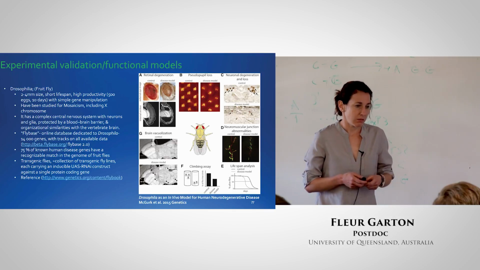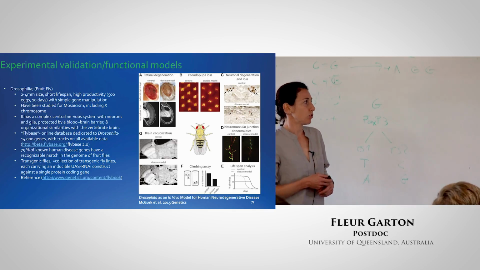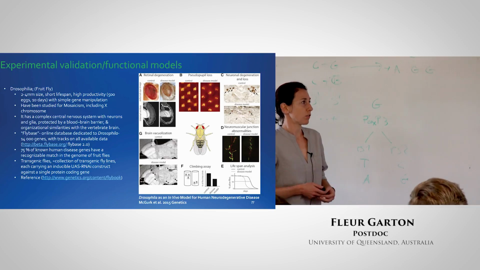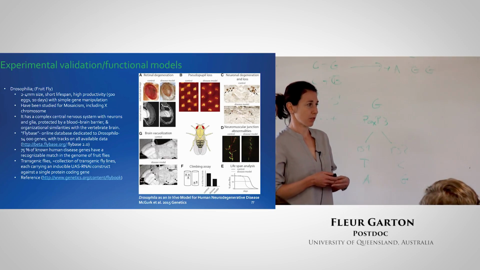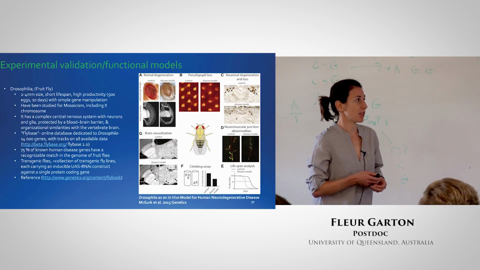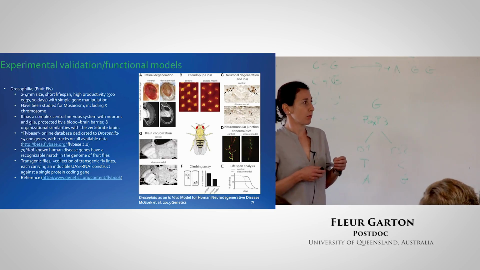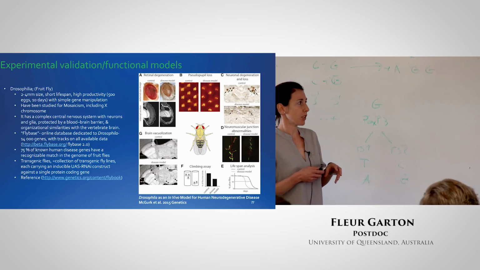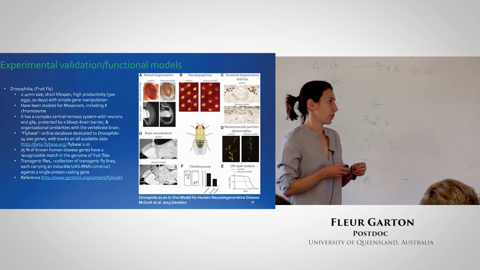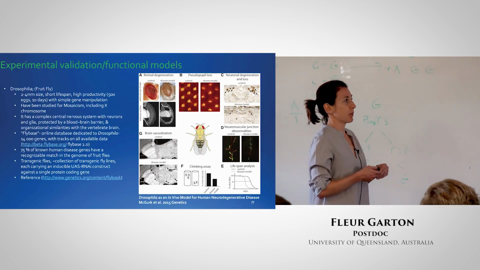So another model that exists and has been widely used is the fruit fly, or the Drosophila. It's slightly larger, 2 to 4 millimetres in size. It also has a short lifespan, and there's a high productivity, so it can produce 500 eggs. And there is a process for simple gene manipulation.